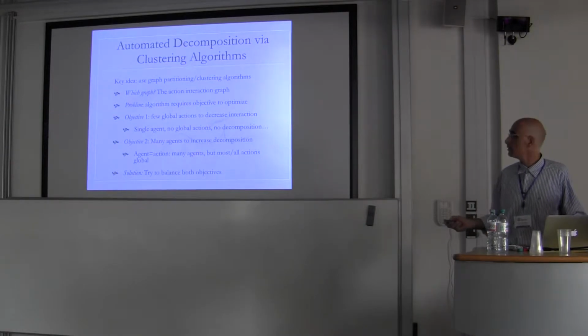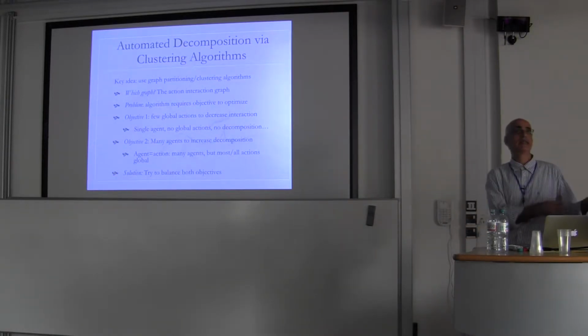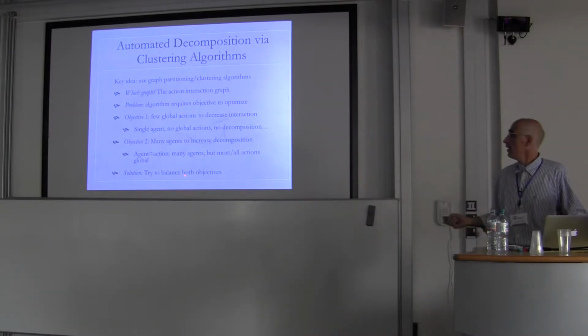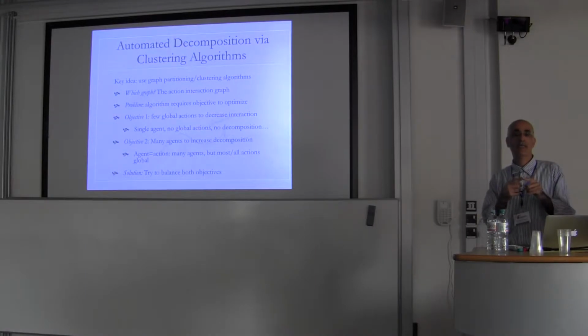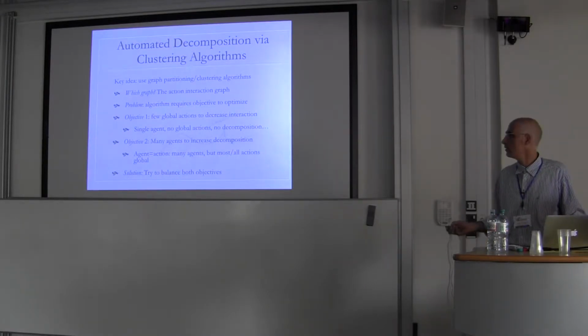No decomposition. Let's take the other extreme. Each action could be an agent, and then we have many agents, but then it probably is going to be the case that all of the actions are global, because it's not too natural in planning for an action to not impact anything that any other action impacts. So we can try to balance both.